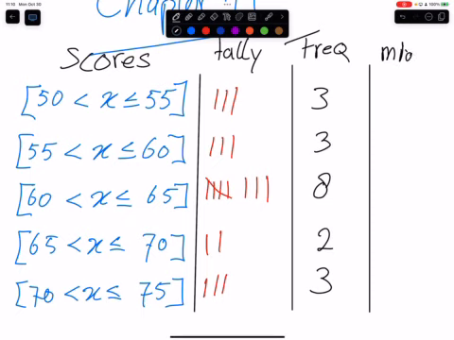When drawing a cumulative frequency, you always have to take the midpoint. So 50 plus 55 divided by 2. 105 divided by 2, 52.5.